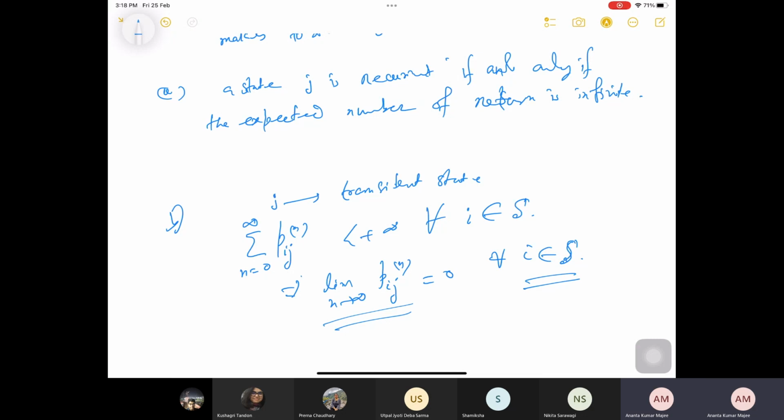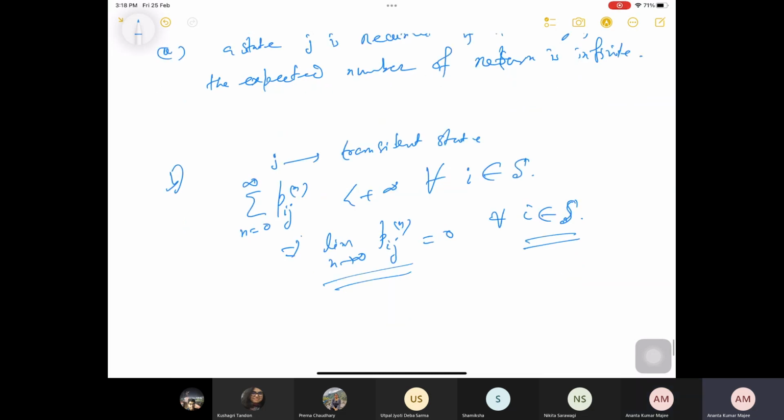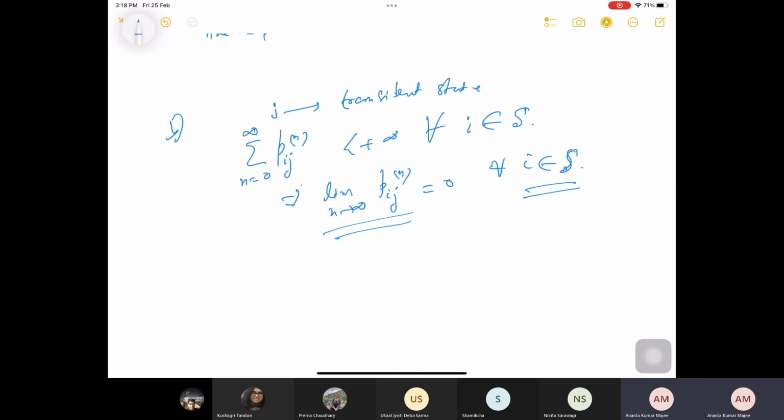Because if j is recurrent, what I know is that the summation over n equal to 1 to infinity of Pjj of n is infinite. So from there you cannot say anything else, is it not? But here you can definitely say that if it is a transient state, then the limit as n goes to infinity of Pij of n is equal to 0.